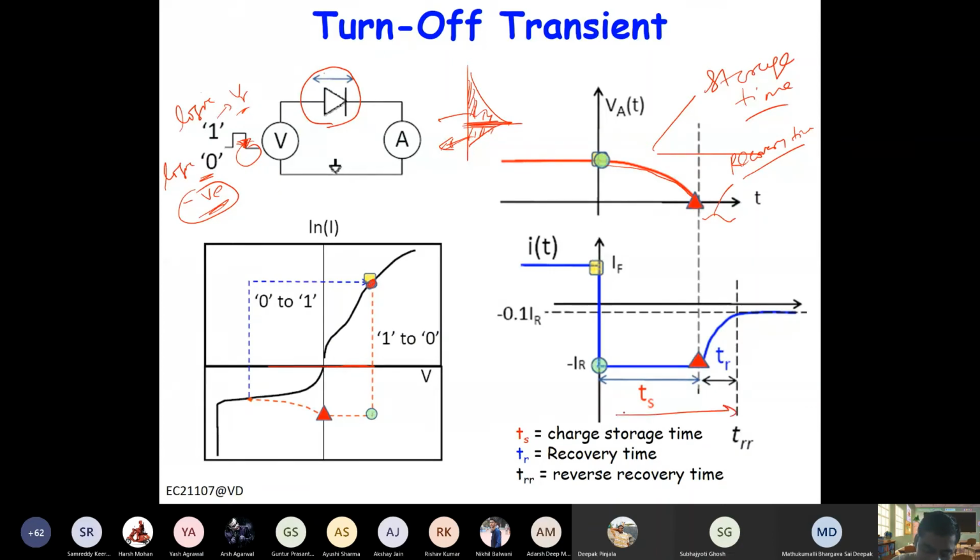So total will give you the time for turn off transient, and it has a name. It's called reverse recovery time. Similarly, for forward, of course, you have to fill in both the carriers, right? Both these regions basically with the same carriers.